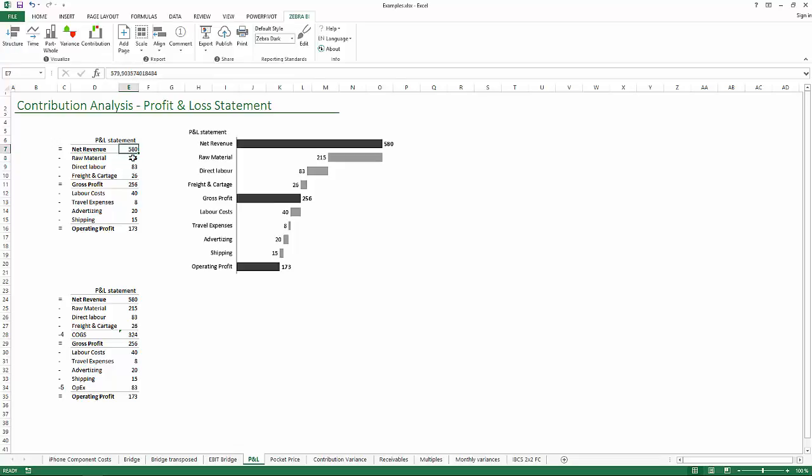Because it's more understandable. Also in natural language, you say, okay, our raw material costs were, I don't know, $215,000 or something, right? You don't say my costs were -10, right? So it's better to use a positive number here.